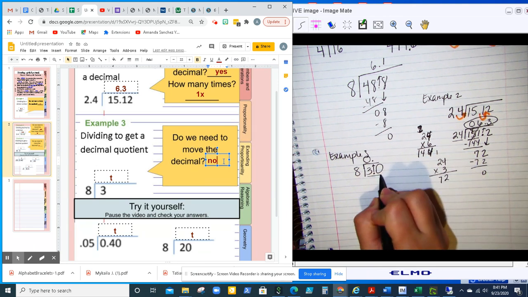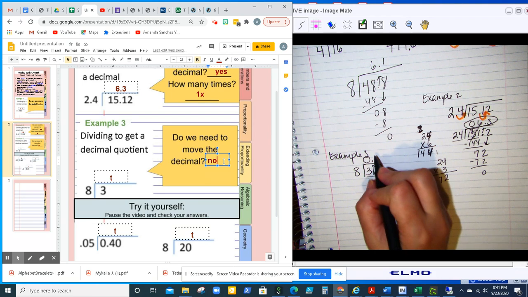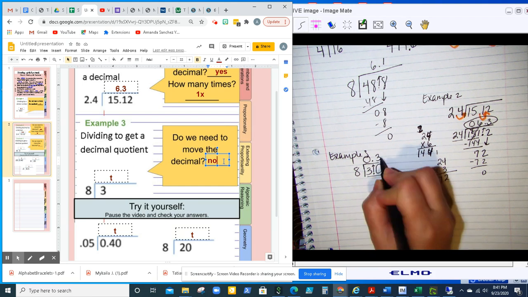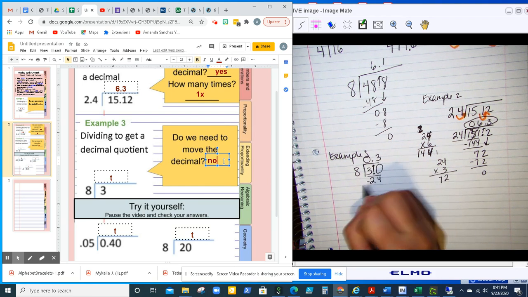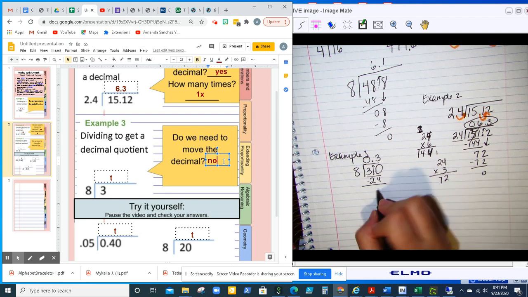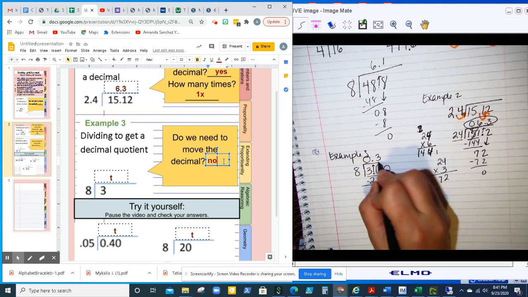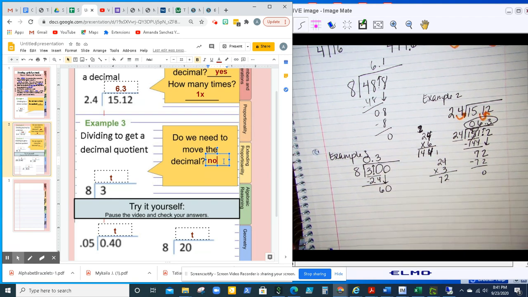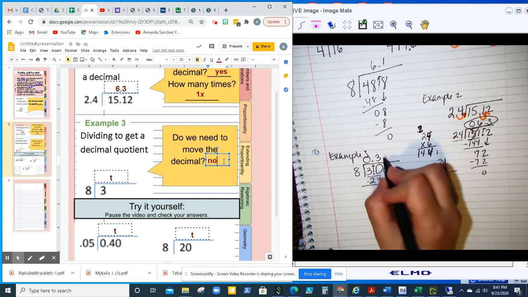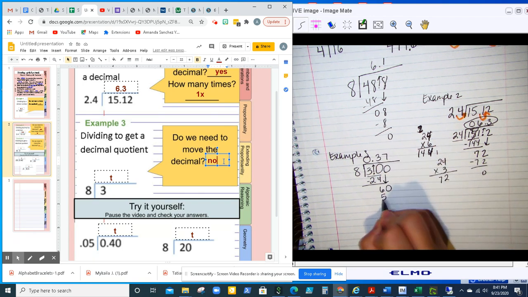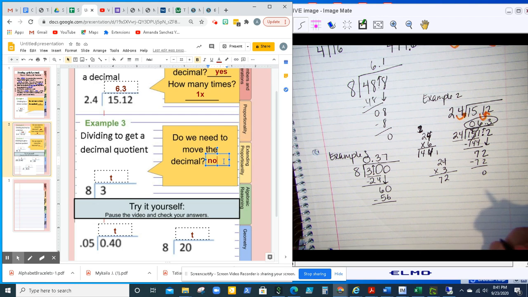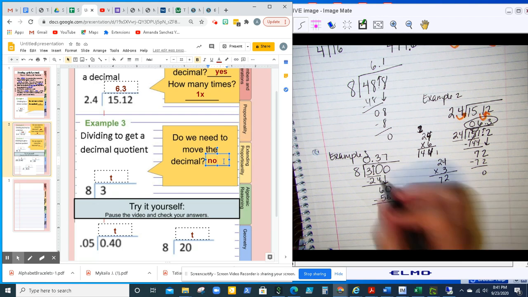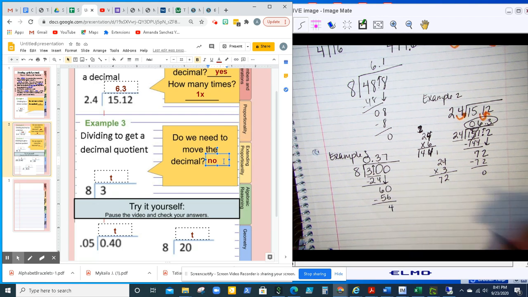So now 8 into 30 would be 3. 8 times 3 is 24. 30 minus 24 is 6. Grab one more 0. 8 into 60, 7 times, which would be 56. 60 minus 56, you'd have 4 left over.